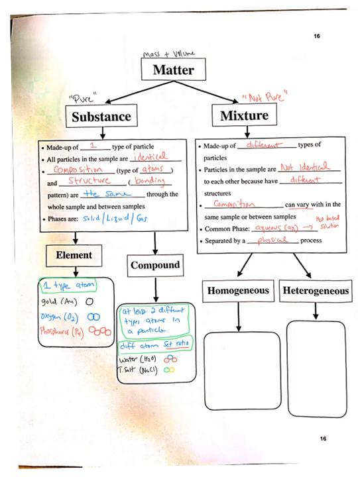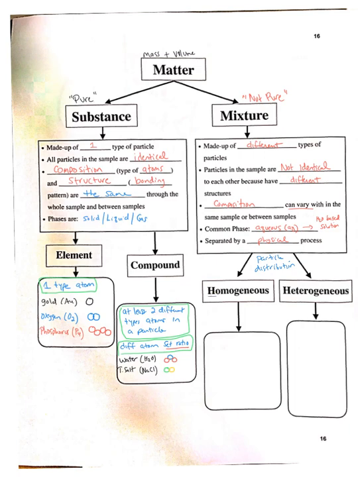Now, there are two major types of mixtures. And these mixtures are differentiated because they talk about particle distribution. So I'm going to write particle distribution. Now, we have homogeneous and heterogeneous.